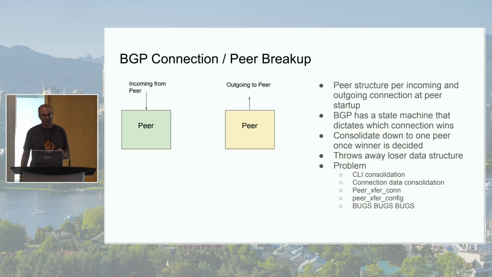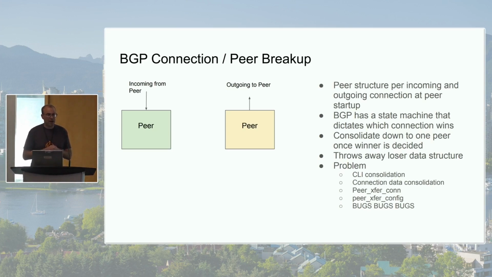And the problem with that is that we have two data structures, and part of the BGP peering is that we have a negotiation between each other about the state and what we'll be talking to each other about. If I'm throwing one of the data structures away, I need to transfer that data from one peer data structure to another peer data structure and keep one of them.